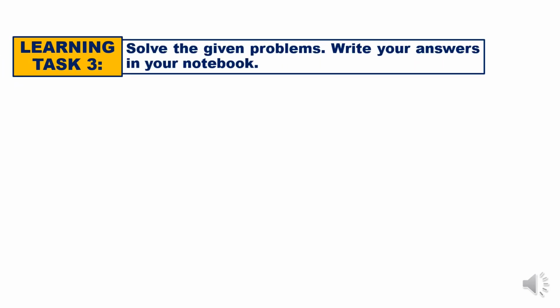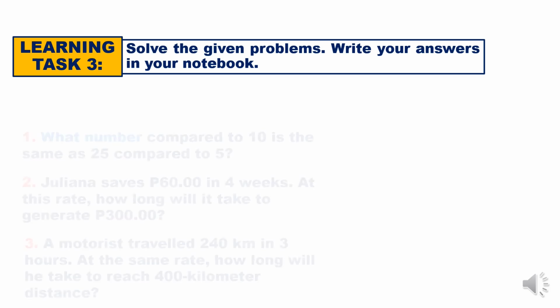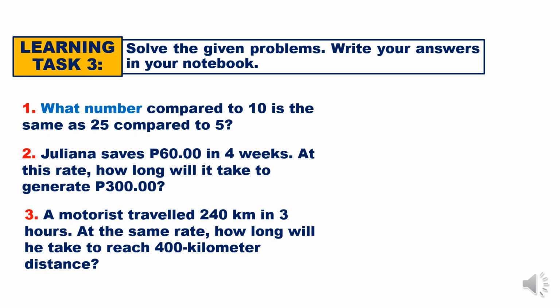Let us answer learning task 3. Solve the given problems. Write your answers in your notebook. For number 1, what number compared to 10 is the same as 25 compared to 5? So, therefore, n is to 10 equals 25 is to 5.